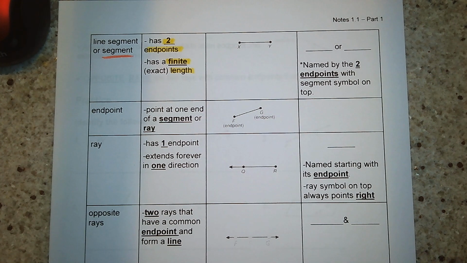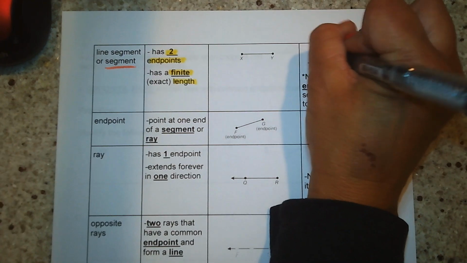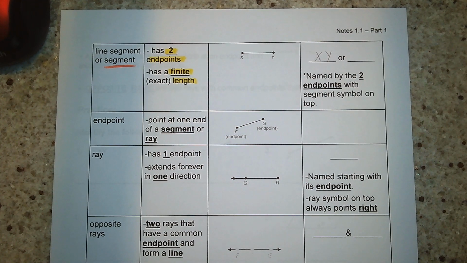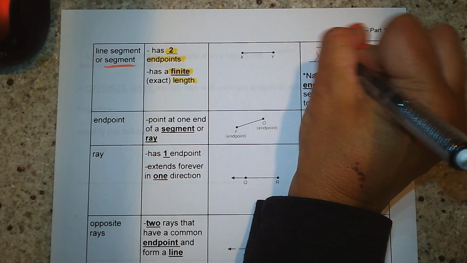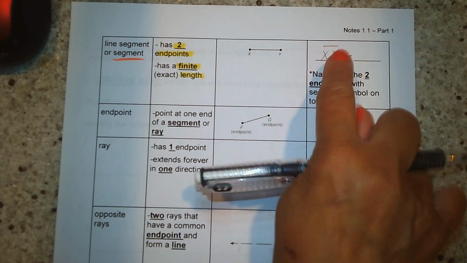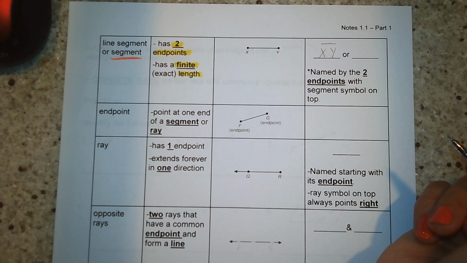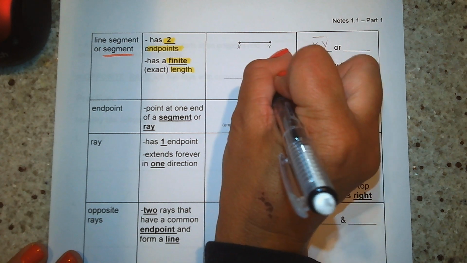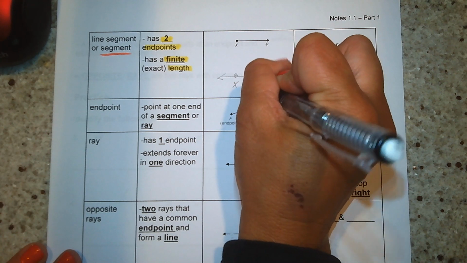All right, so let's look at this picture right here. In this picture right here, you see line segment XY, okay? And we're going to put the symbol on top. You've got to remember to put the line segment symbol on top, okay? There is a big difference between line segment XY and line XY. In this particular picture right here, this is line XY, okay?